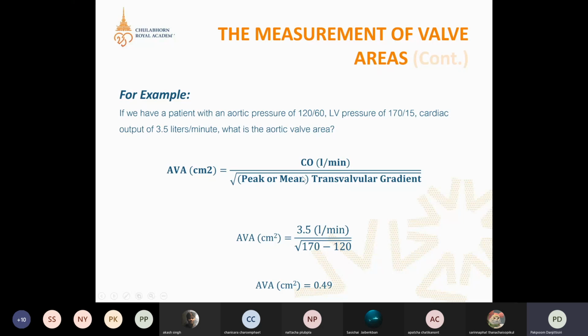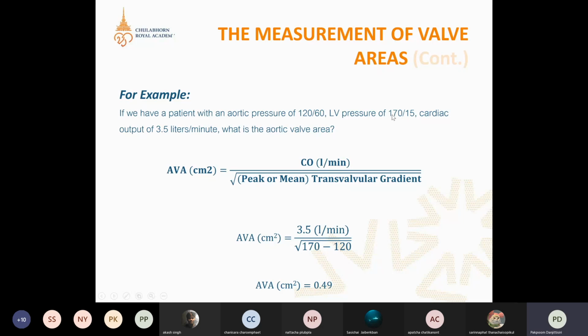The cardiac output is 3.5 liters per minute, and then divided by the square root of peak or mean. The information we get from the question is that aortic pressure is 120, which is the systolic pressure, and the LV pressure is 170.